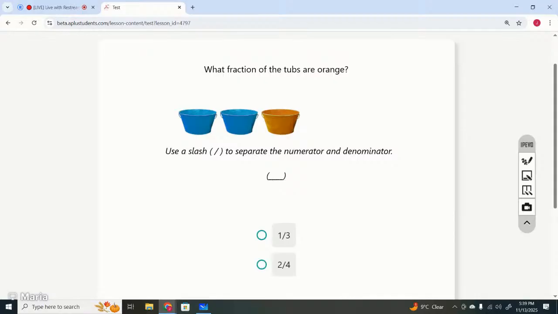What fraction of the tubs are orange? That is 1 by 3. Option number 1 is the correct option.